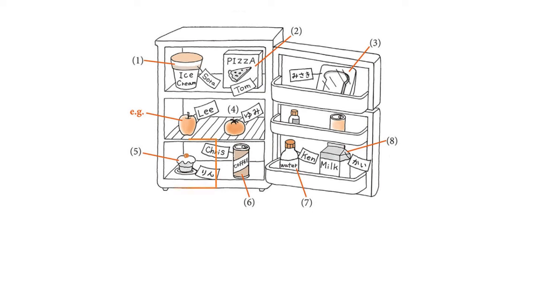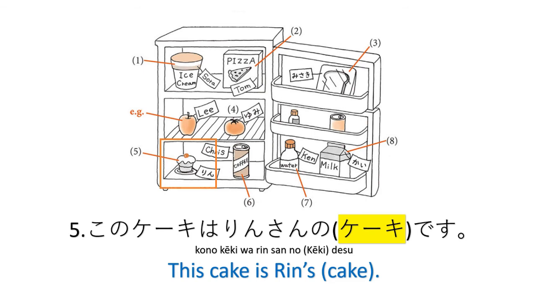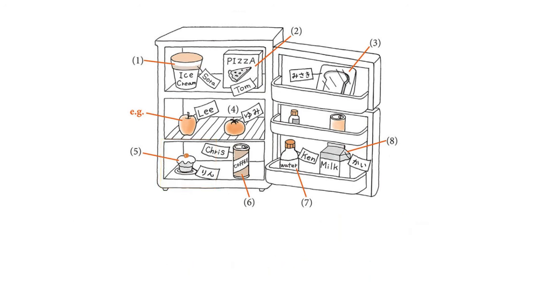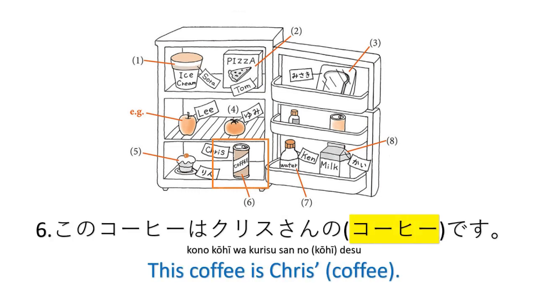Next we have cake. Rin's cake. このケーキはリンさんのです。This cake is Rin's. Next we have coffee, Chris's coffee. このコーヒーはクリスさんのです。This coffee is Chris's. We do not say coffee 2 times.